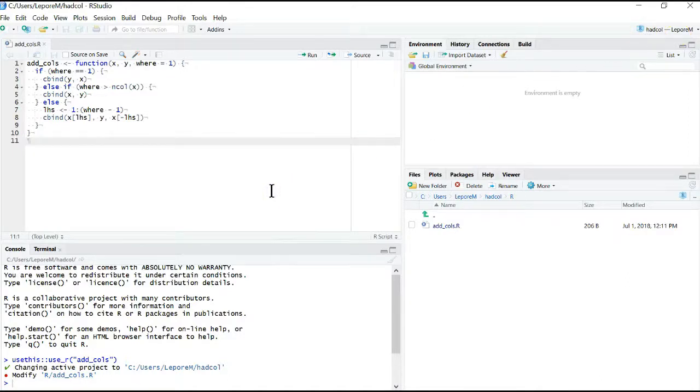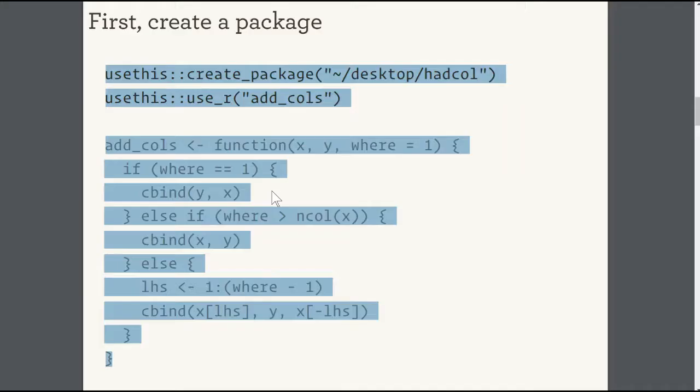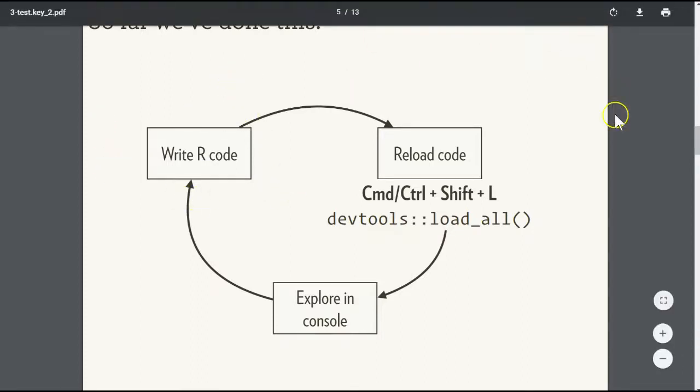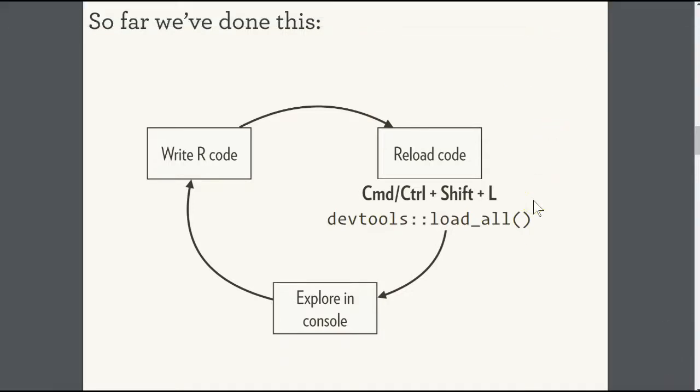That's all right. So what we are going to do next is to think a little about what is the workflow that we generally use in the package and how that compares to the workflow we are going to see today. Generally, you write R code and you load that code with Command or Control plus Shift plus L, which is a shortcut for the function devtools load_all.